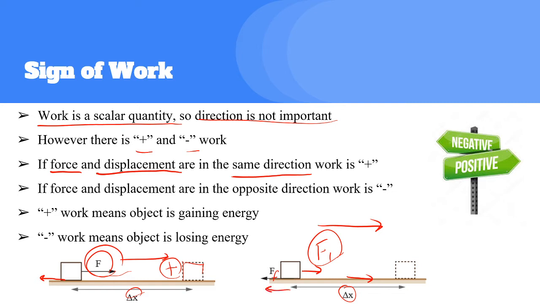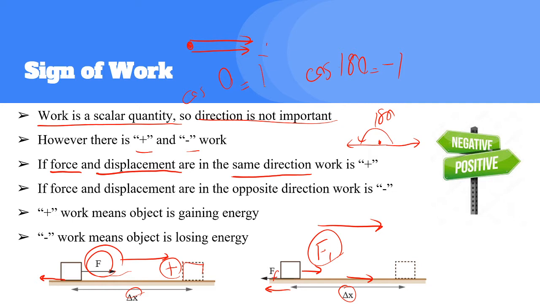So if you also think about the angle, the angle in between those two vectors is basically 180, and cosine 180 is -1. Or if you think about it mathematically, if two forces are going in the same direction, the angle in between those two vectors is 0 and cosine 0 is 1.